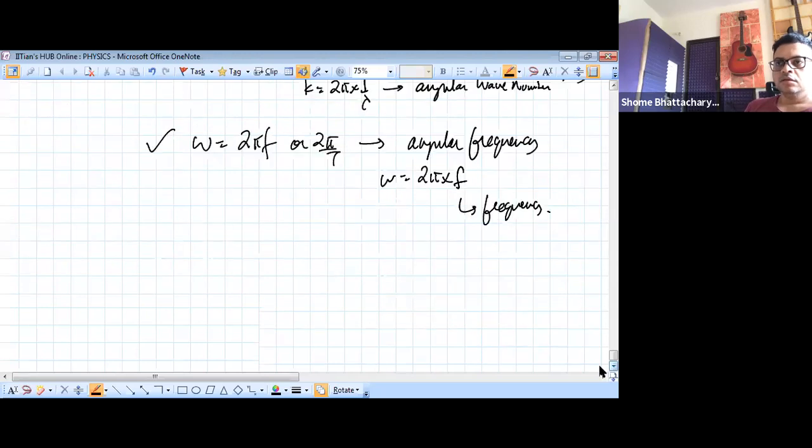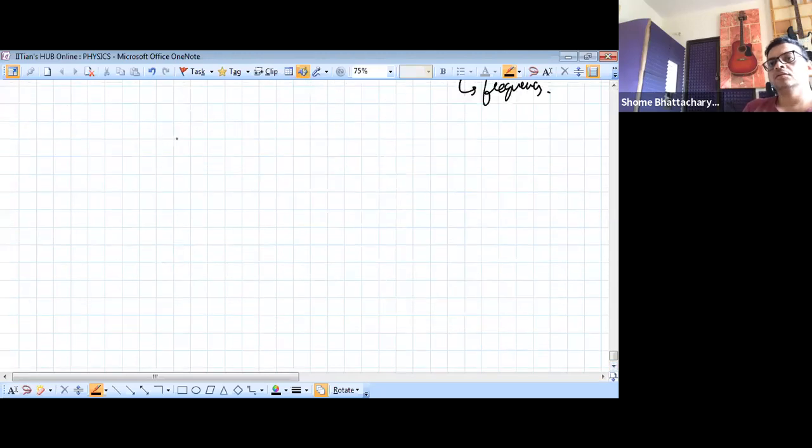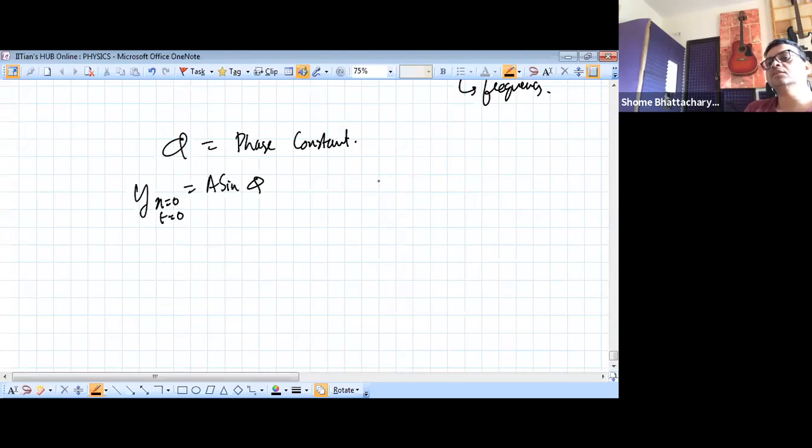Okay. Now additionally, the term phi over there is called the phase constant. It is such that if you look at y at x equal to 0, t equal to 0, it is nothing but a sin phi, because y as a function of x, t was this.